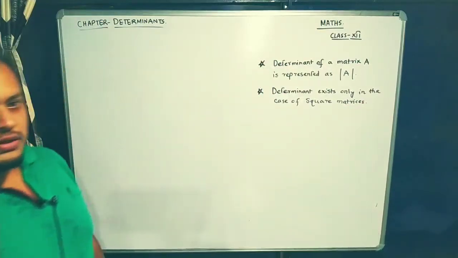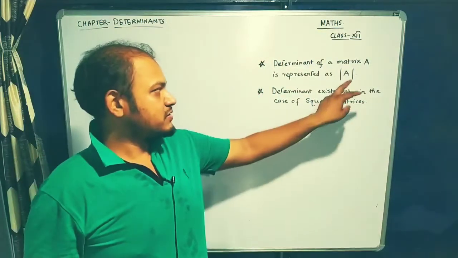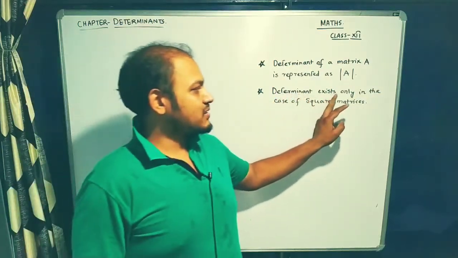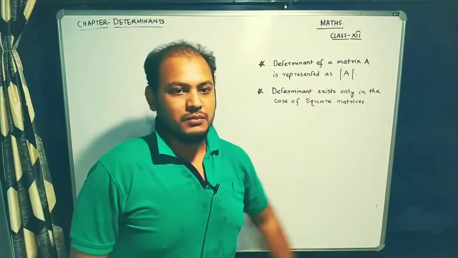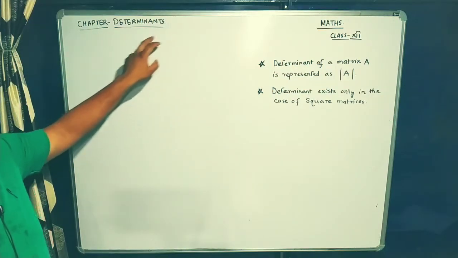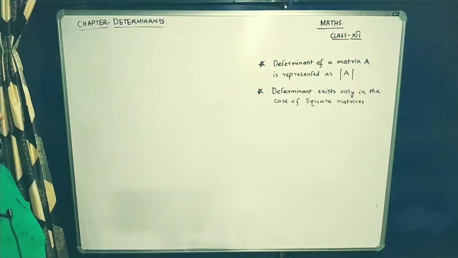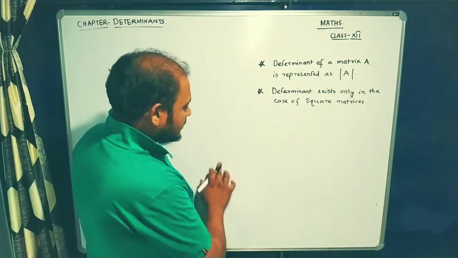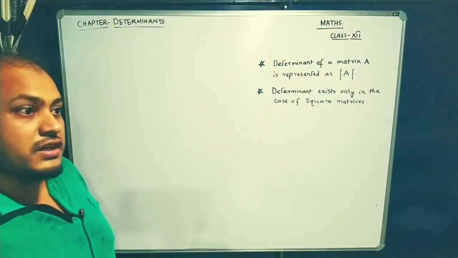Okay, so here we see that determinant is represented in this fashion, and determinants will only exist when the matrix is a square matrix. So that means this entire chapter of determinants is going to deal with only square matrices. So now let us study why do we study determinants.